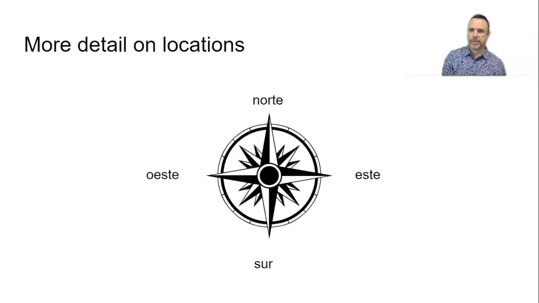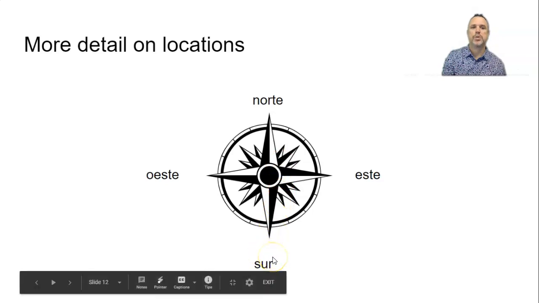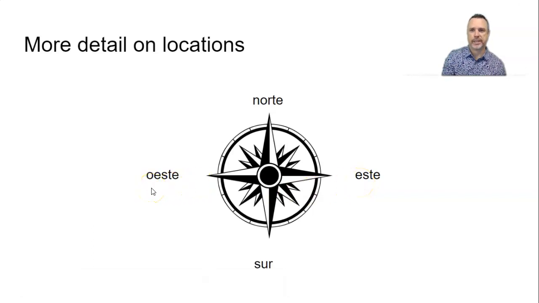So I think you'll agree that's pretty similar to the English. Sur is maybe slightly different. I'll go through it for the pronunciation one more time. North, norte, south, sur, east, este, west, oeste. You've got the oe, oeste.